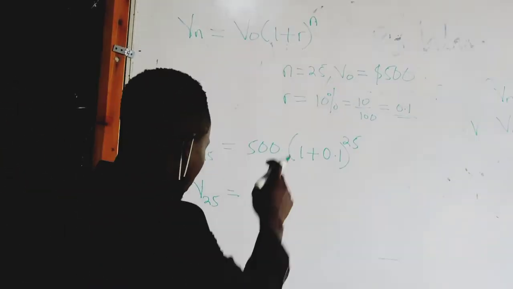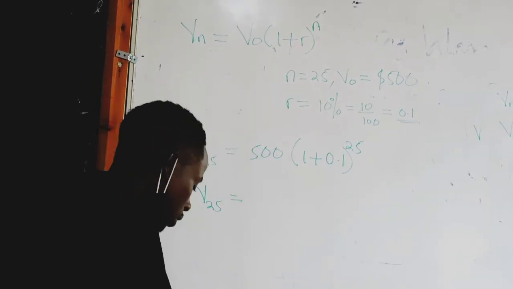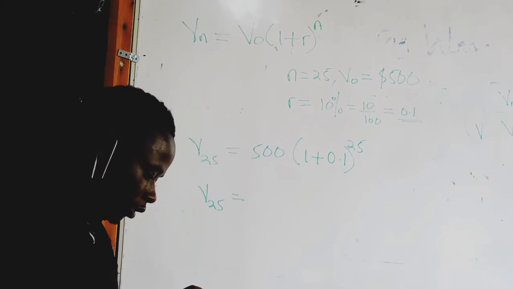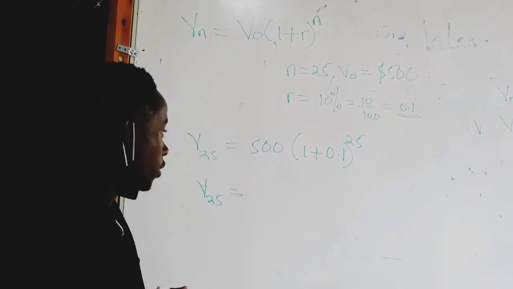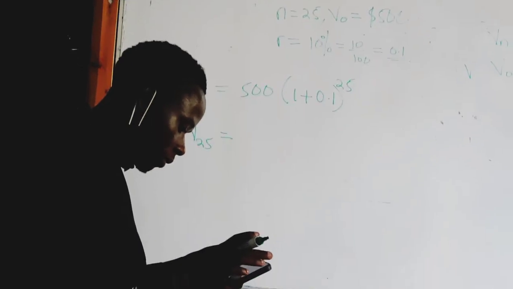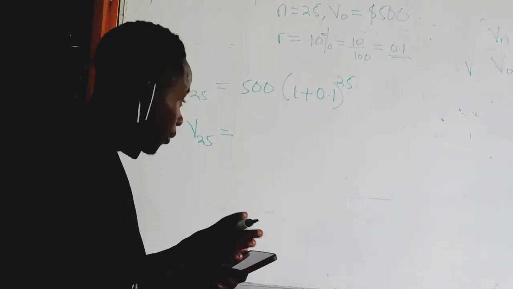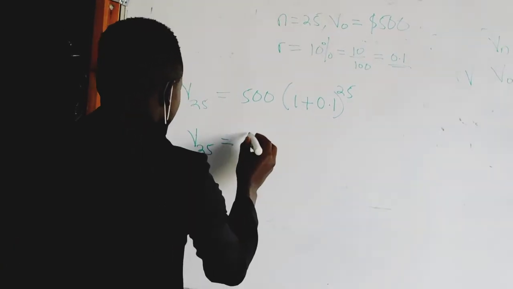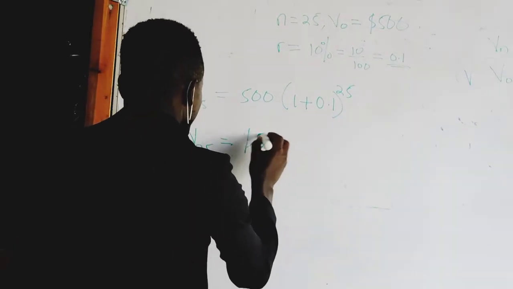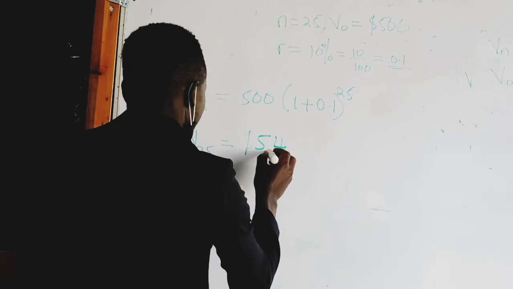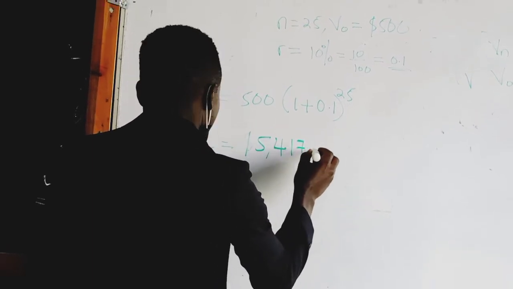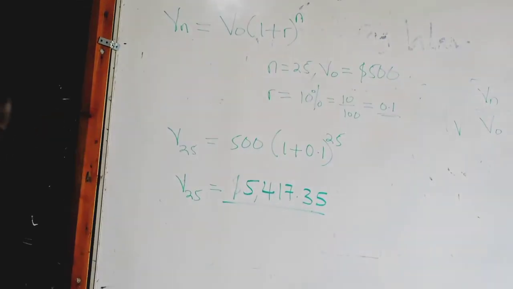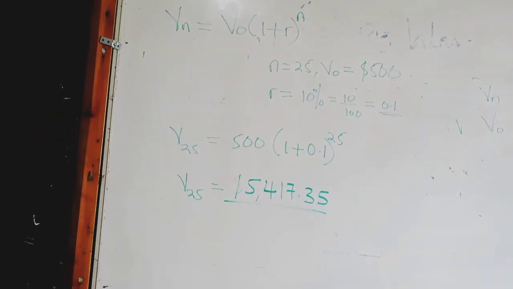It is 1.1 power 25, then times 500. The answer we are getting is US dollars 5,417.35. This is the amount of money the forester will be obtaining after 25 years.